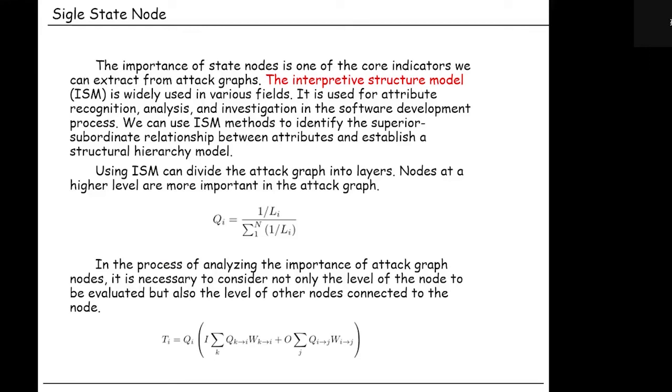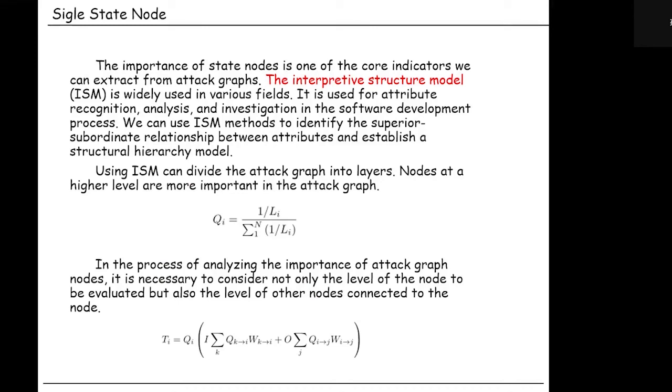For single states, we want to get the importance of every state node. The importance of state nodes is one of the core indicators we can extract from attack graphs. The interpretive structural model is widely used in various fields. It is used for attribute recognition, analysis, and investigation in the software development process.